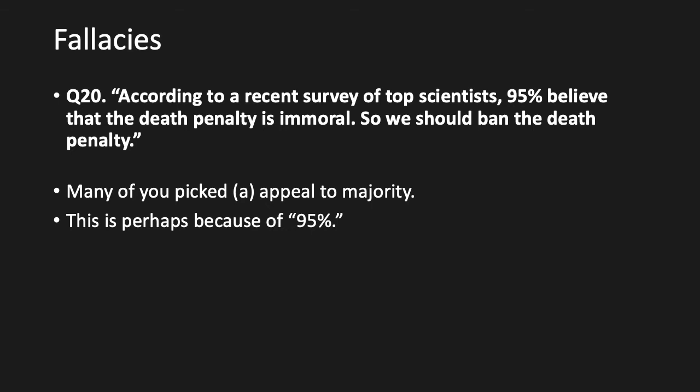So most of them thought the death penalty is immoral. So 95%. So that should be appeal to majority. That's, I think, what you might have thought.